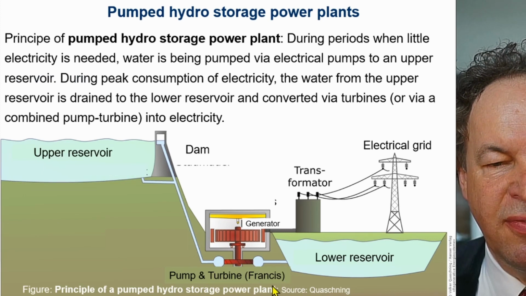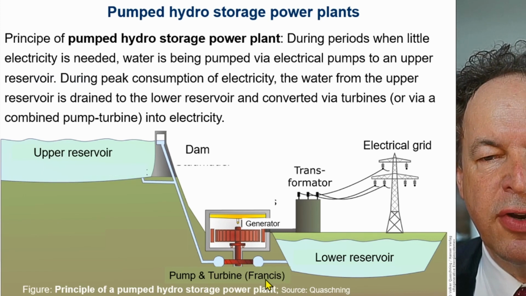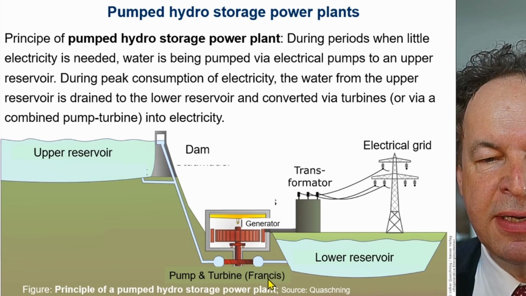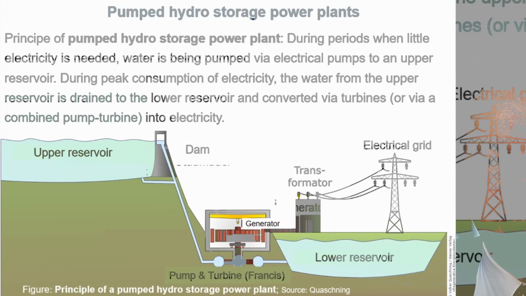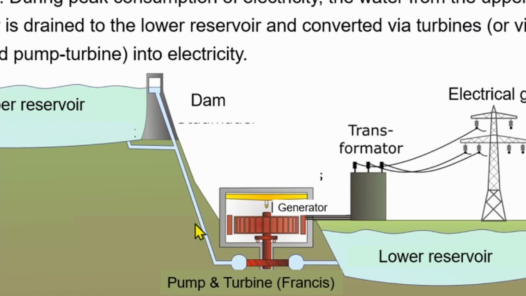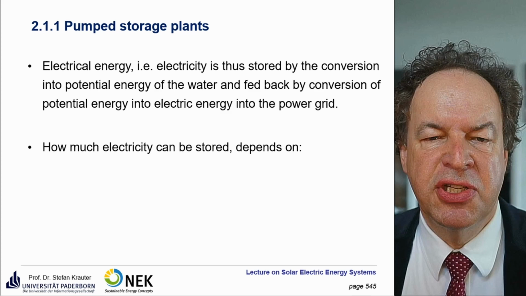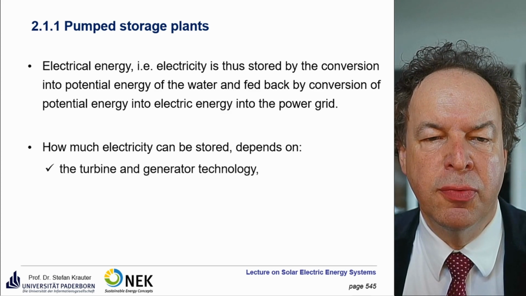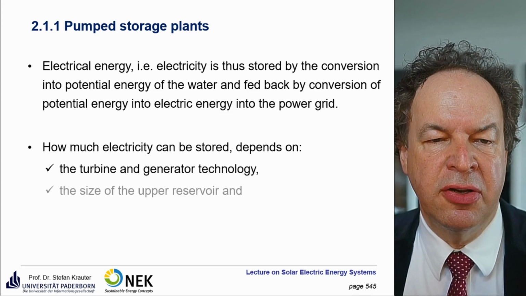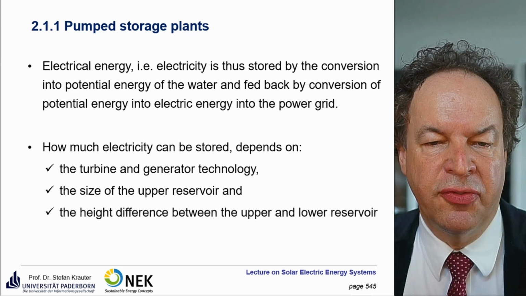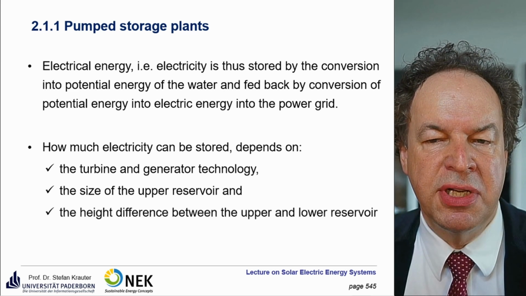This is only possible with the Francis turbine. If you use different kinds of turbine, for example, Pelton or Kaplan turbine, you have to have a separate turbine and a separate pump. So the amount of electricity that can be stored depends on the turbine and the generator technology, the size of the upper reservoir, and the height difference between the upper and lower reservoir.